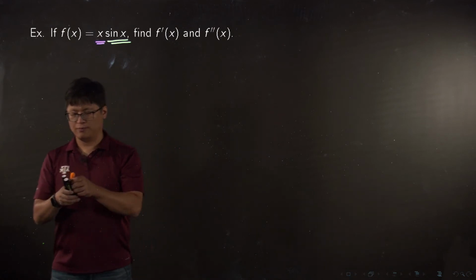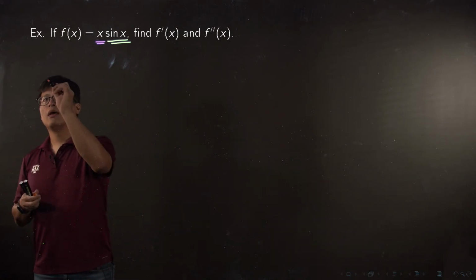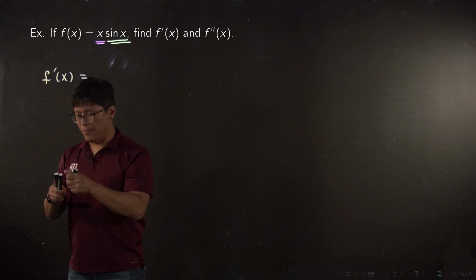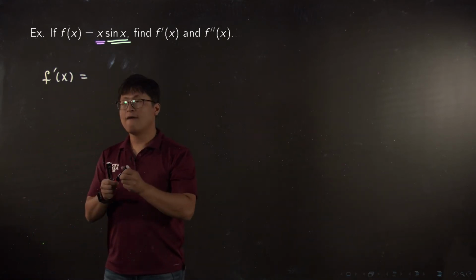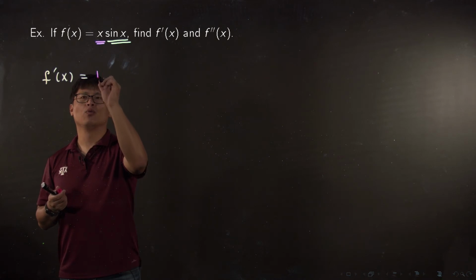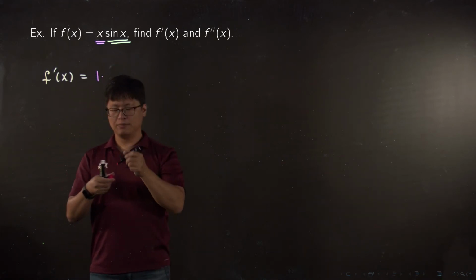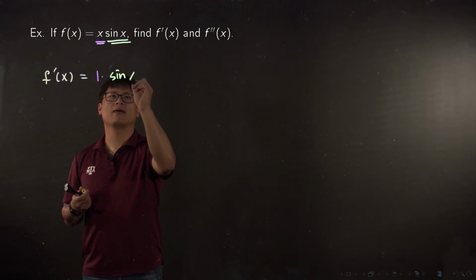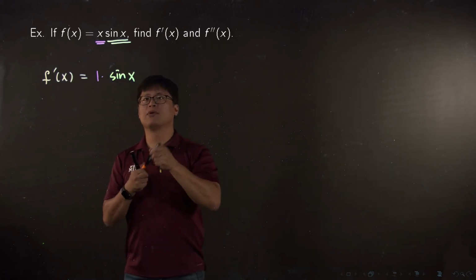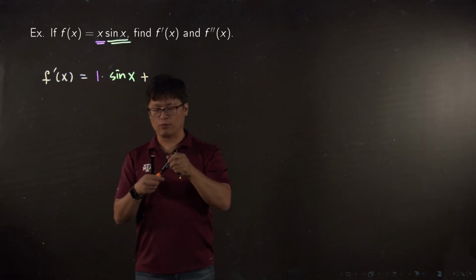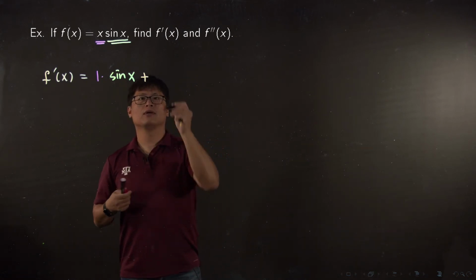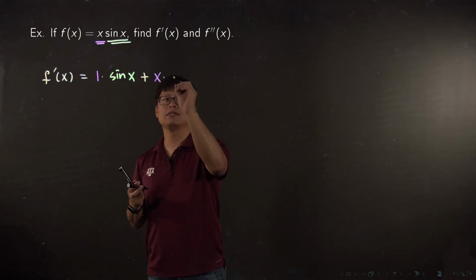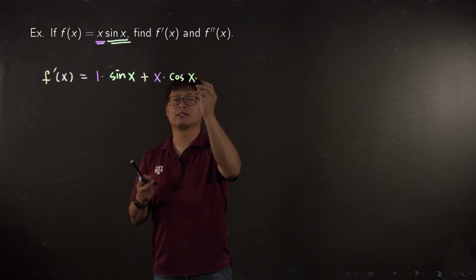Then what is f prime? F prime of x is equal to, by the product rule, first function prime, which is 1, times the second function, the original second function without anything, plus, because we are talking about the product rule, the first function, original one, times the second function prime. Sine x prime is cosine x. This is f prime.